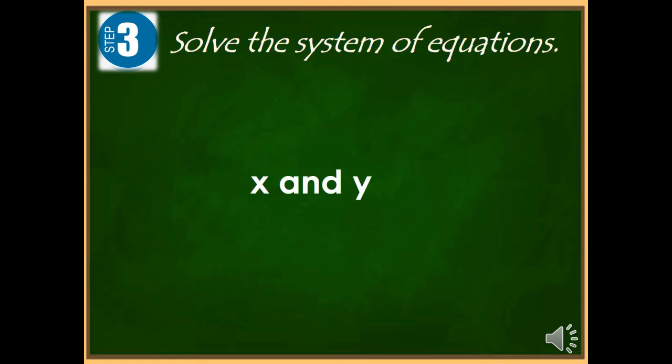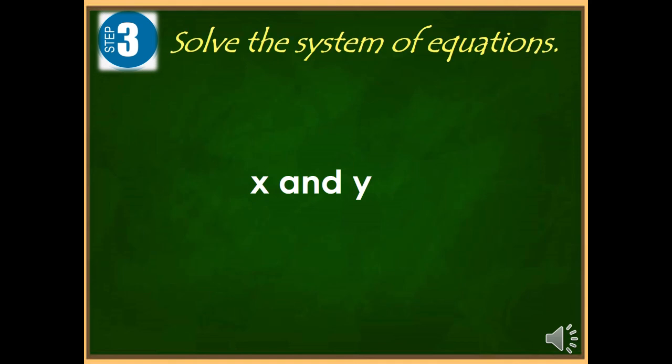When we say solve the system of equations, it's like saying that we have to find the value of the variables involved which serve as the unknown. In this problem, the variables involved are x and y. Therefore, we need to solve for x and y.